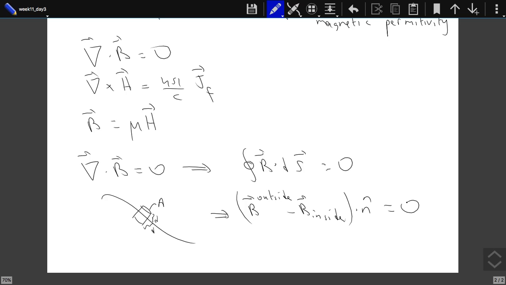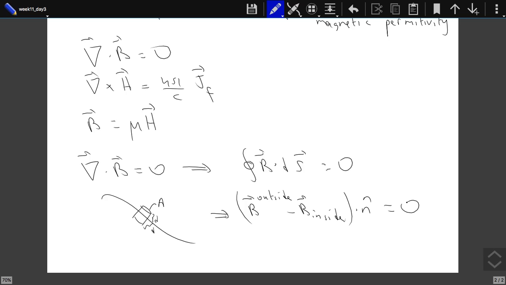Why? There are no contributions to the B dot dS integral from the side when we let d go to 0. So the left-hand side just becomes B outside minus B inside, scalar product with the normal vector to the surface.